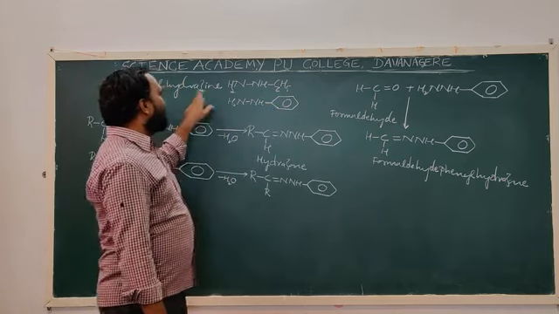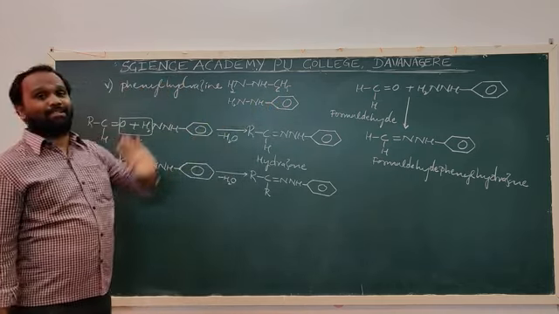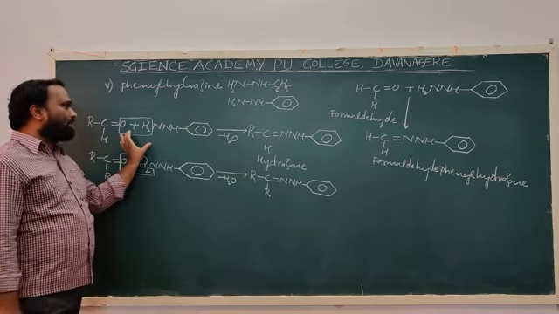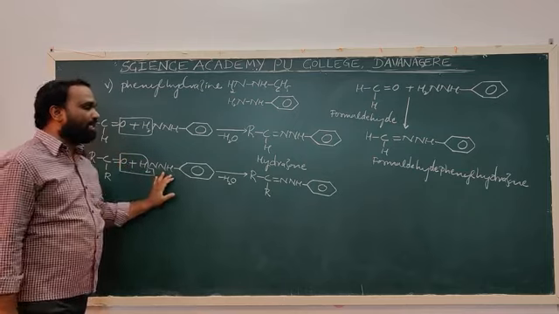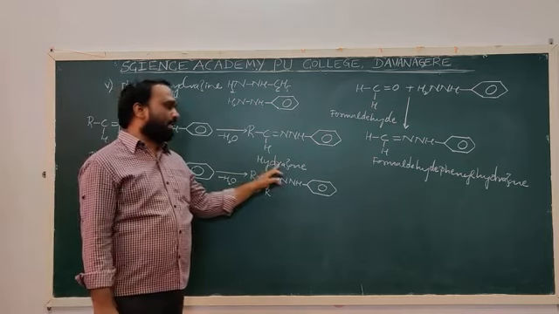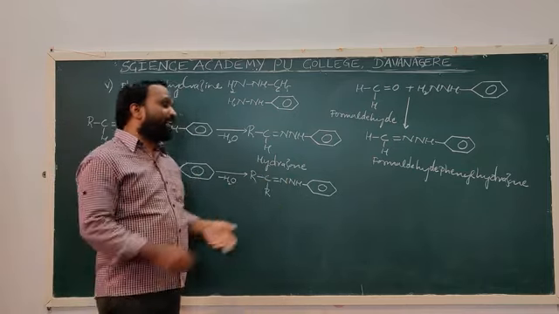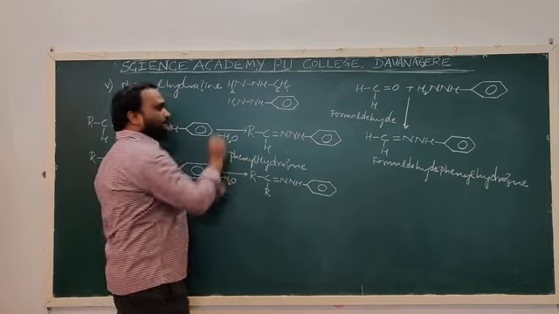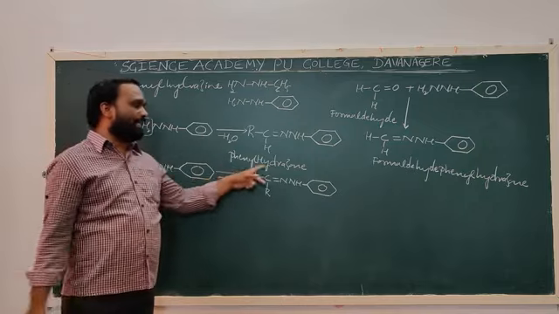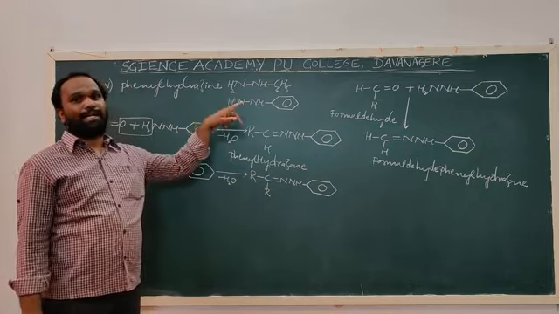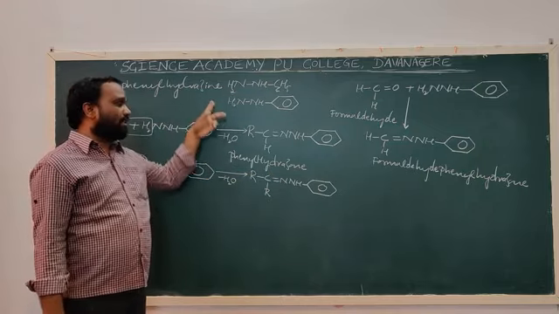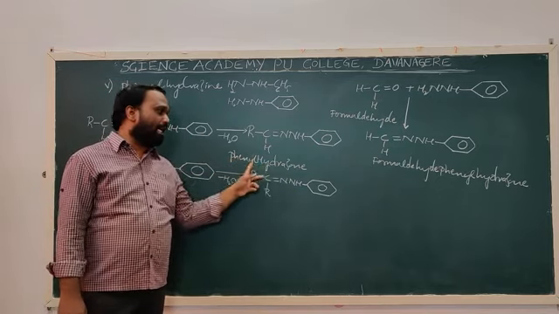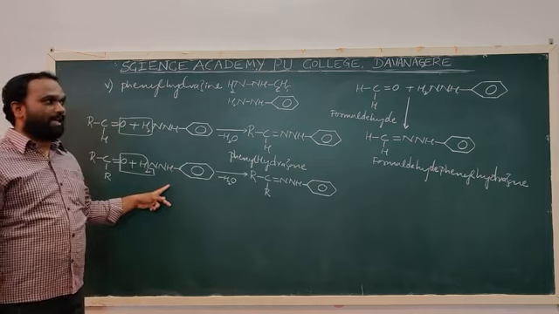So this is called phenylhydrazine. An aldehyde or ketone undergoes condensation reaction with phenylhydrazine, giving the corresponding phenylhydrazone. Hydrazine gives hydrazone, phenylhydrazine gives phenylhydrazone. So these are the general reactions.